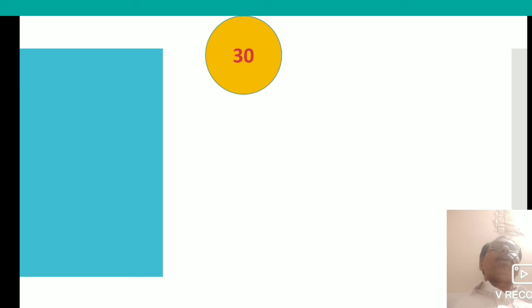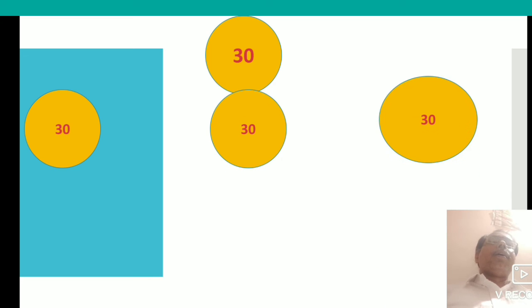At the starting, originally there are 30 bacteria. So in the 1st hour, after the ending of the 1st hour, they produce triple of the first number of bacteria. That means here we get how many after the 1st hour? 3 into 30. That means we got 90 bacteria.